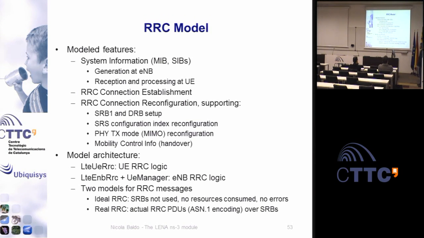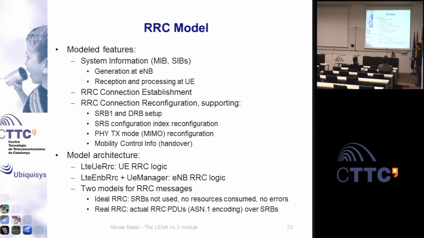And the model itself is divided into several parts. First part is the logic on the UE side. Another part is the logic at the eNodeB side, which is split in two. There is one generic part, and then another part which is like the state machine inside the eNodeB that takes care of a given UE. This is called the UE manager.